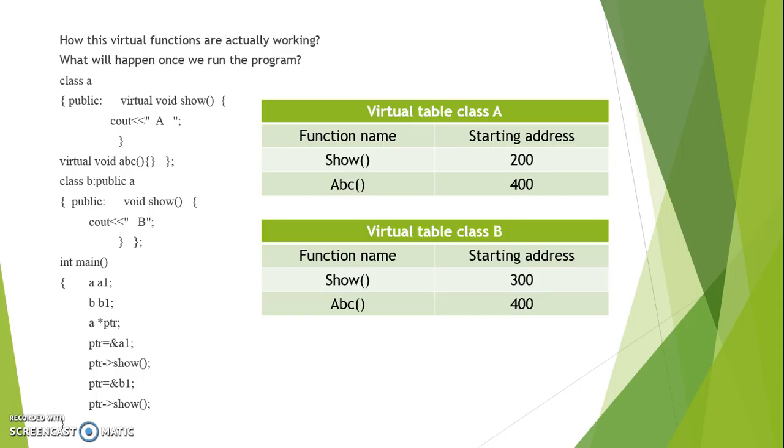This 2 or 4 bytes is only for the virtual pointer, right? If we have n number of virtual functions, the size of the class will still be increased only by that much, not by the size of the functions.